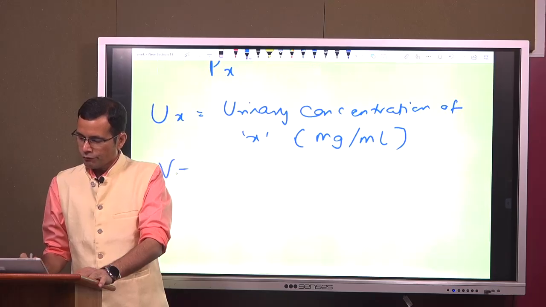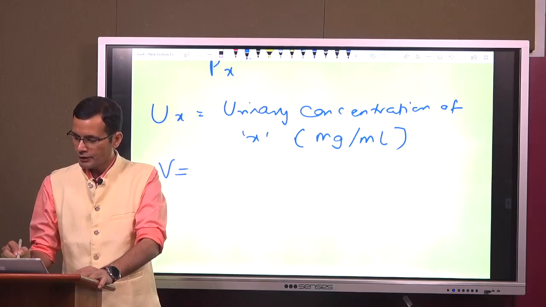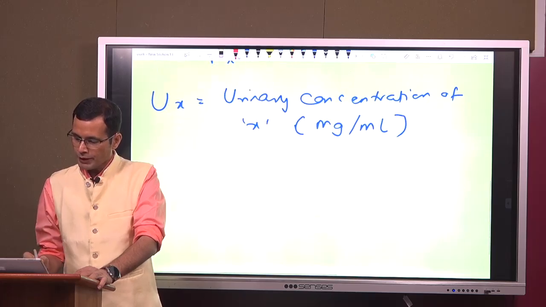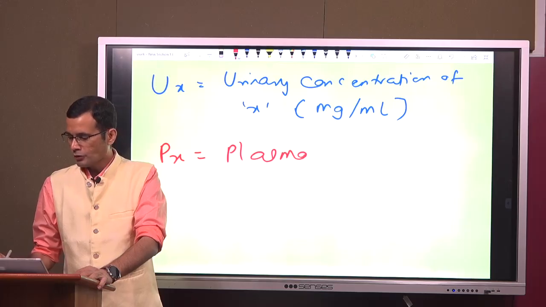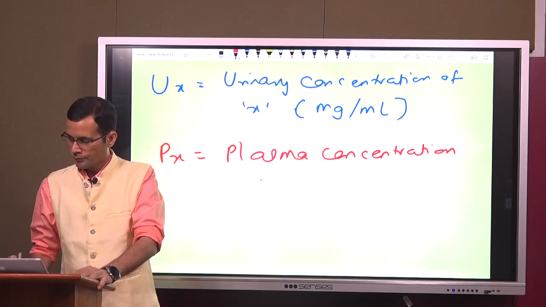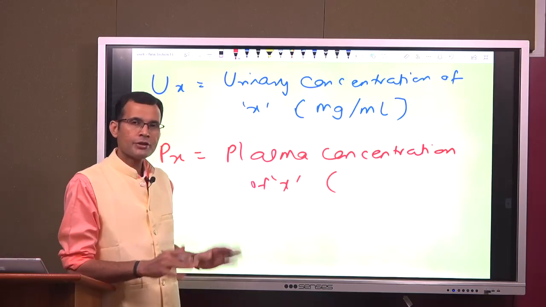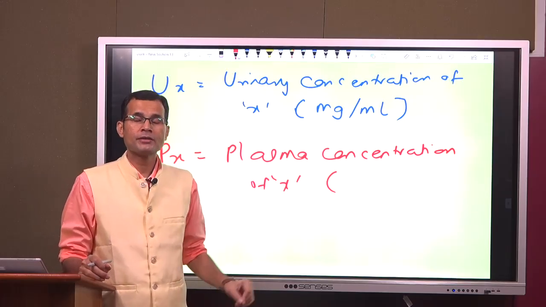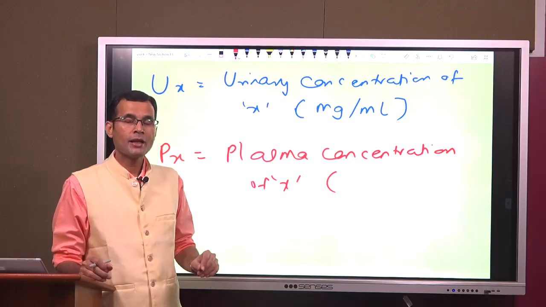Then V is, or rather we will take the other one, Px is plasma concentration of the substance X. And plasma concentration of any substance is always taken as milligram percent or milligram per deciliter or milligram per 100 ml.